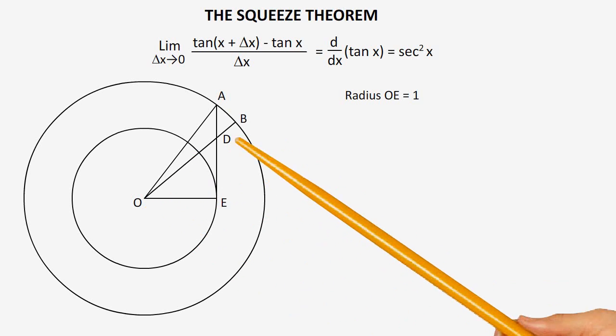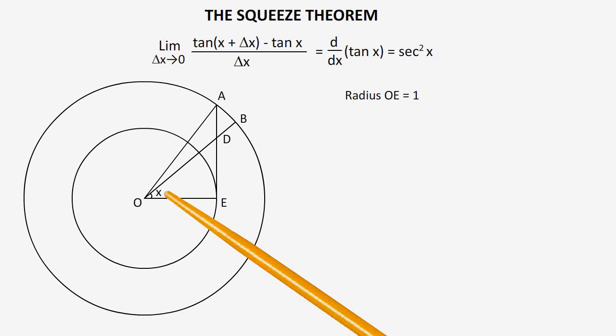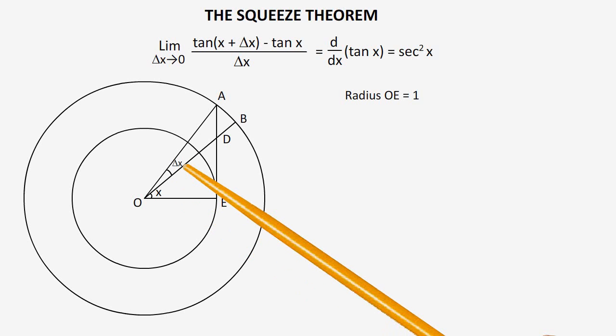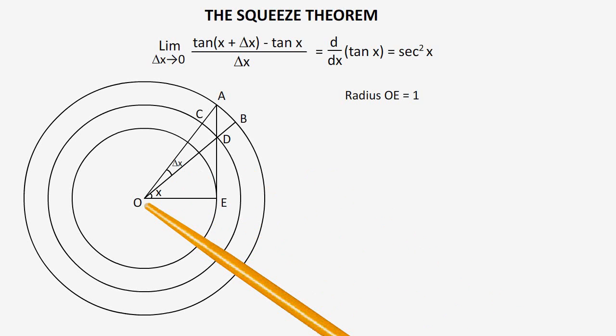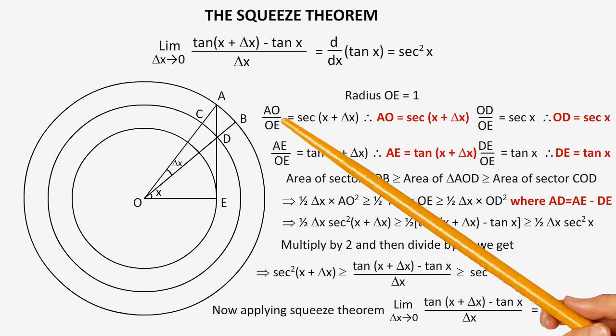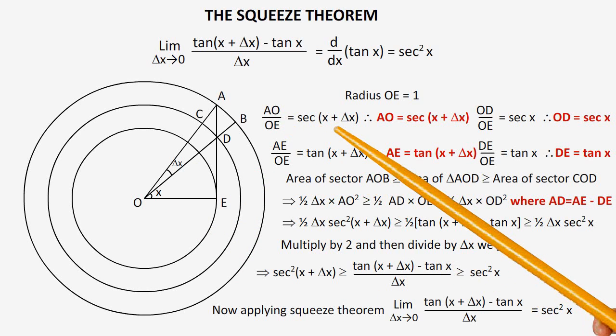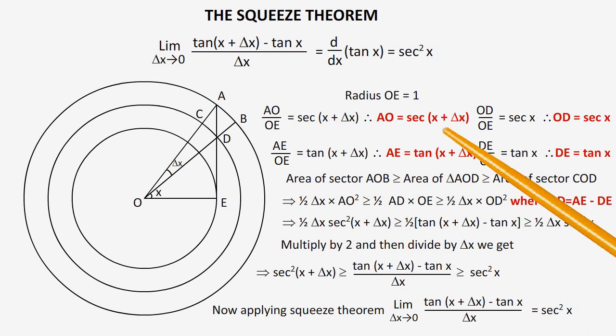Draw a line OB cutting AE at D such that angle DOE equal to x and angle AOD equal to delta x. Draw another circle taking center at O and radius equal to OD. Now AO by OE is equal to sec(x plus delta x), or AO equal to sec(x plus delta x), since OE equal to 1.